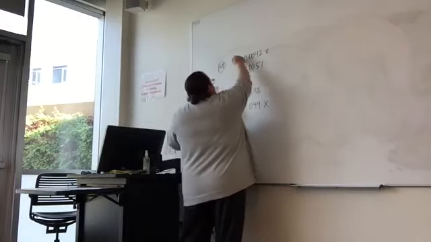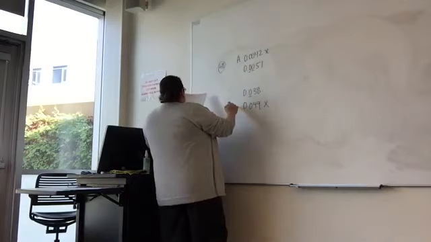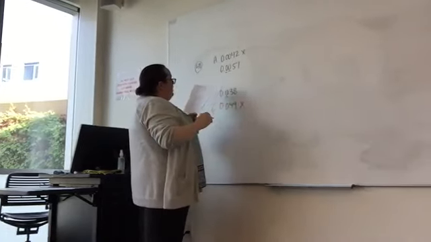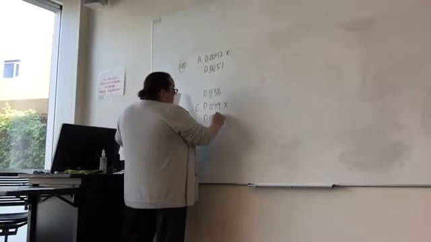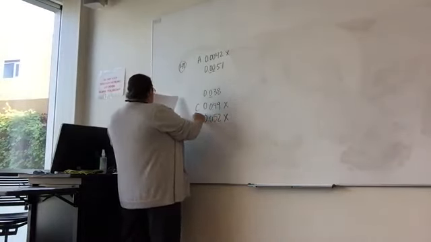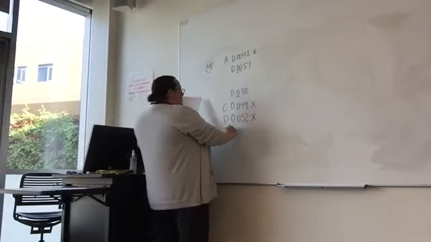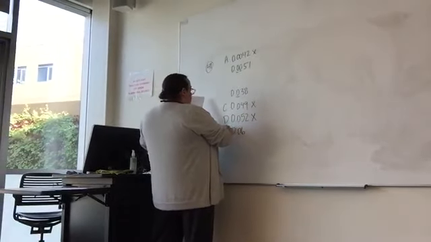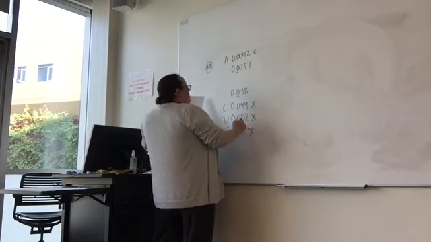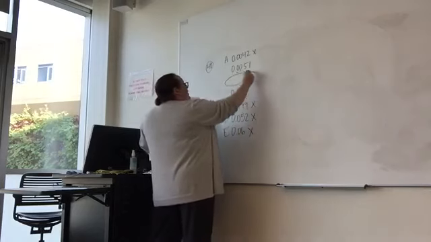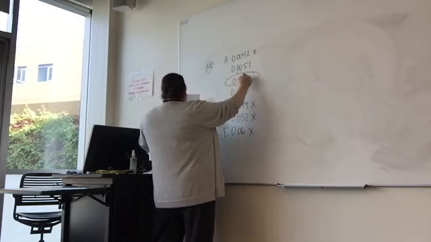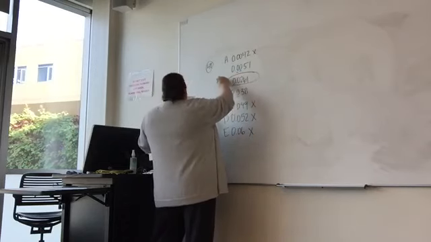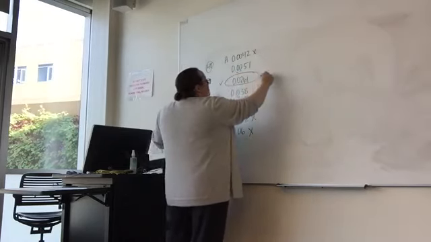So this is A, this is C. I can exclude 0.052, that's D, and I can exclude 0.06, that's E, which means the only option that I'm left with is 0.0261. So that one, which is B, is correct.